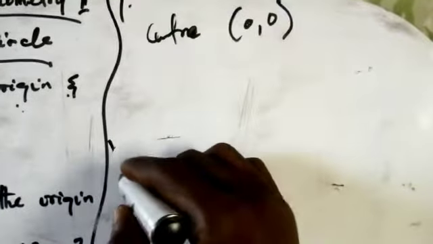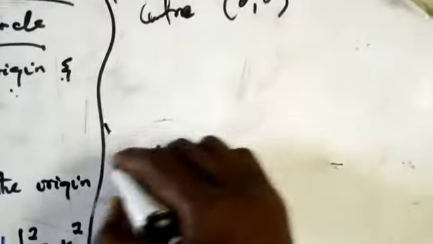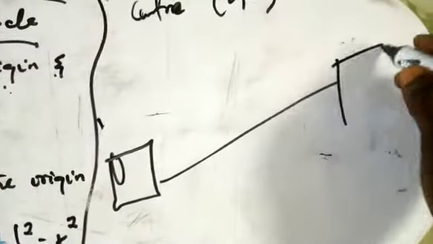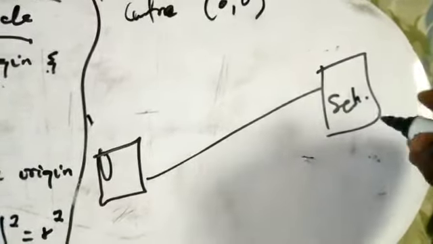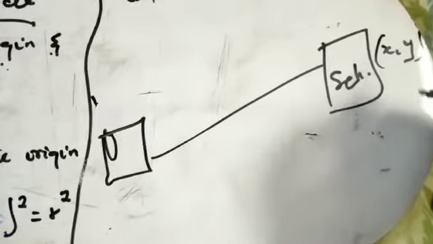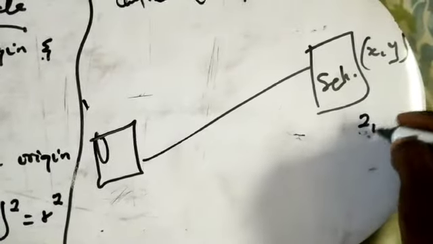So if you are in your house here, then you move to maybe a school. You move to your school here. For us to determine your current location, we need the x and y. Remember I said that we need two things to determine your location. So assuming you are at 2, 2.